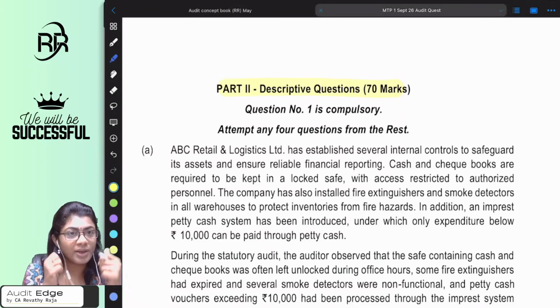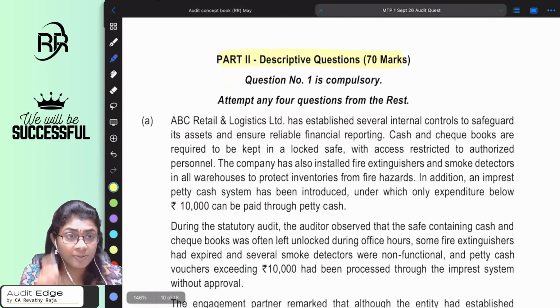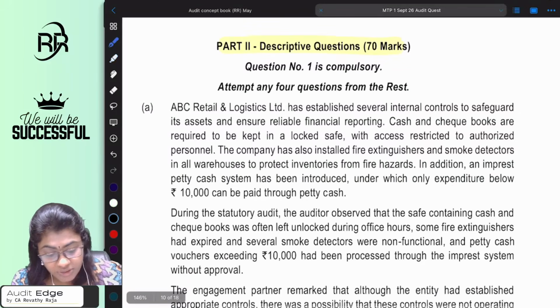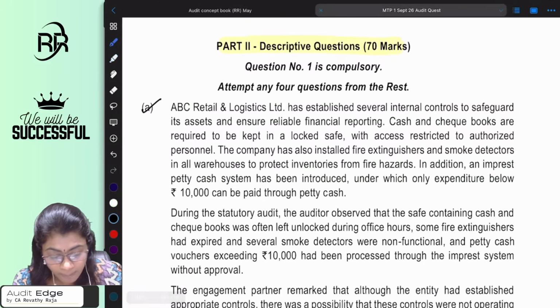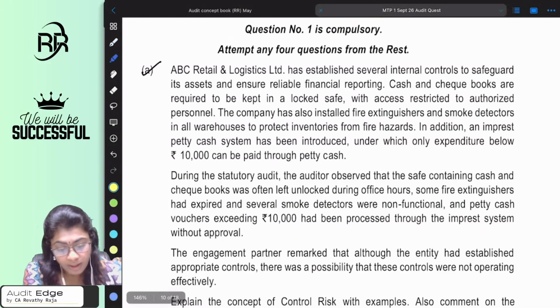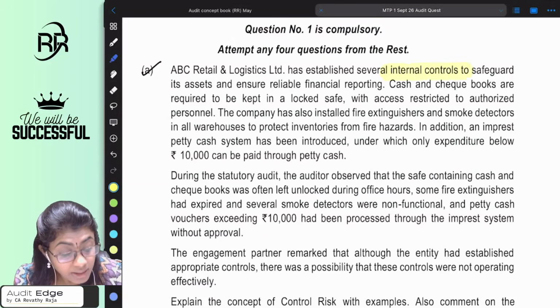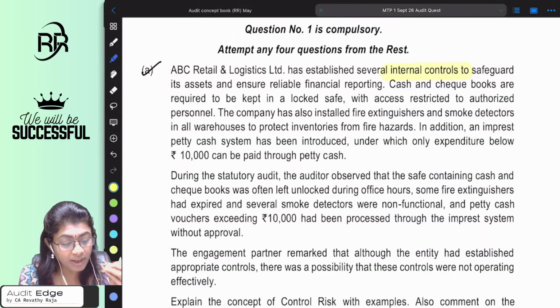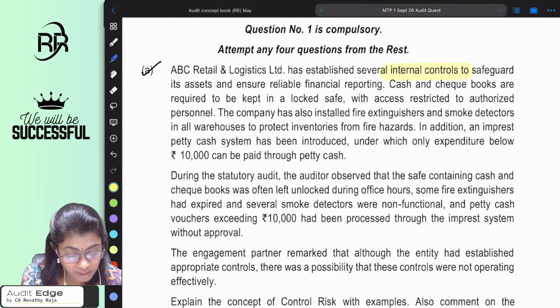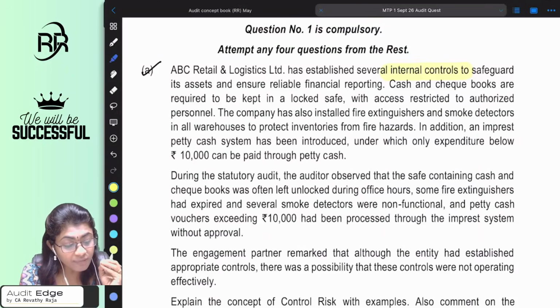Okay. So let's start with the first question in the descriptive part, which is a compulsory question. A. ABC Retail and Logistics Limited has established several internal controls to safeguard its assets, ensure reliable financial reporting. Cash and checkbooks are required to be kept in a safe and restricted to the authorized personnel. The company has installed fire extinguishers, smoke detectors in warehouse to protect the inventories from hazards.